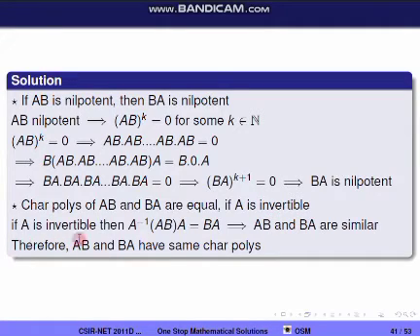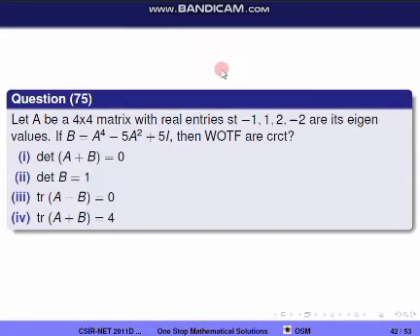If A is invertible, then we can write A inverse into AB into A is equal to BA. So this implies AB and BA are similar because A is an invertible matrix. Similar matrices have the same characteristic polynomial. Therefore AB and BA have the same characteristic polynomial. So option 4 is also correct.